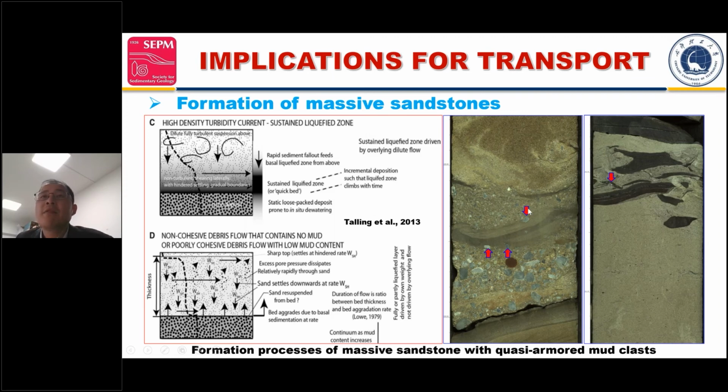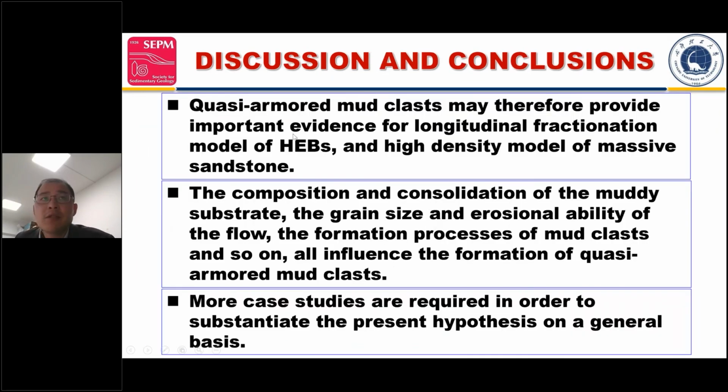At least for the massive sandstone with the quasi-armored mud clasts, we think that those are caused by the high-density turbidity current. Thus those quasi-armored mud clasts may provide important evidence for the longitudinal fractionation model for the hybrid event bed, and also the high-density turbidity current model for those massive sandstones.